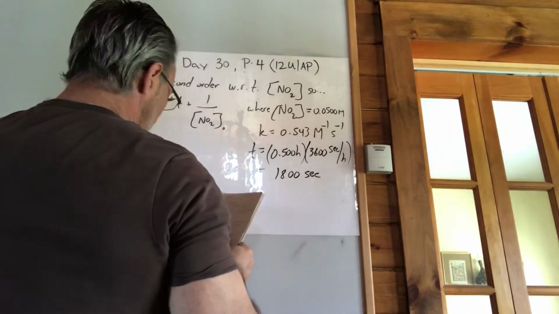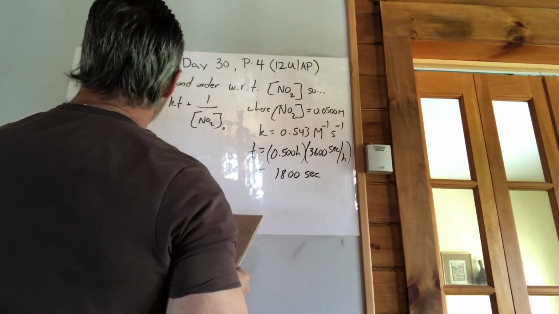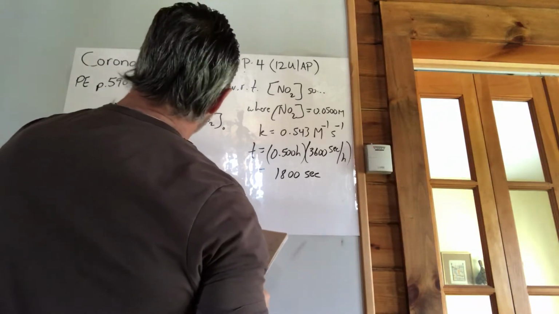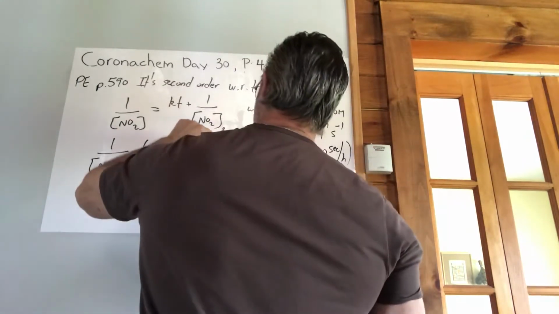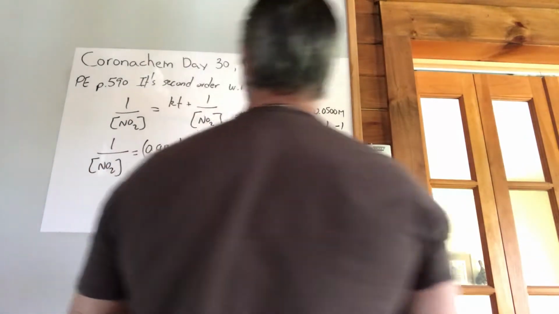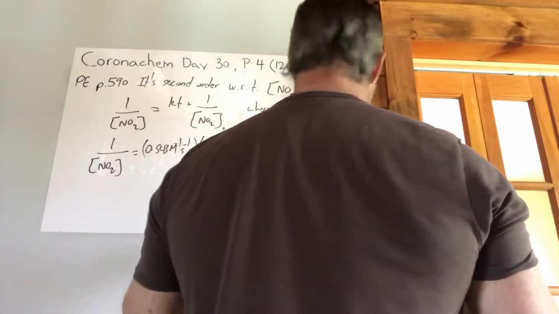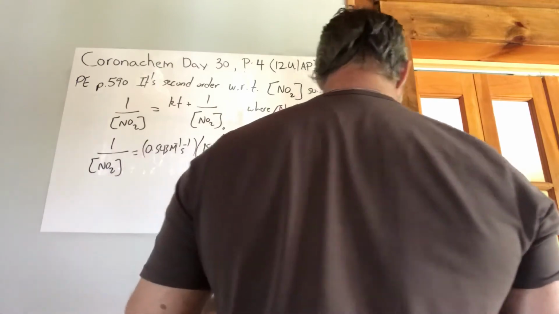So 1 over NO2 concentration is equal to 0.543 molarity to the -1 seconds to the -1 times 1,800 seconds. This is the KT part, these two things, plus 1 over 0.05. Running out of room.